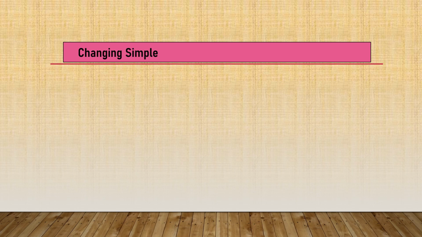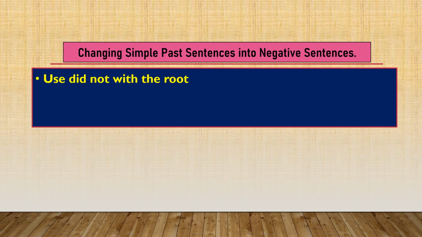Let us now learn how to change simple past tense sentences into negative sentences. Use did not with the root form of the verb, just like we were using do not or does not with the root form of the verb in the previous sentences. Now we are going to use did not with the root form of the verb.